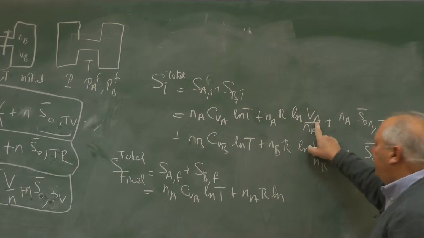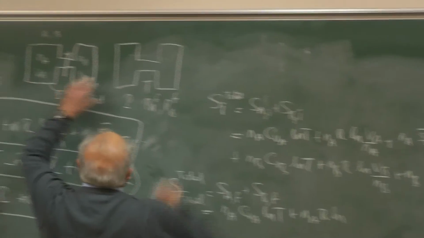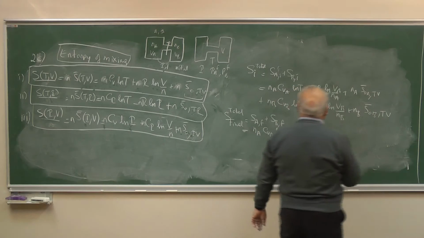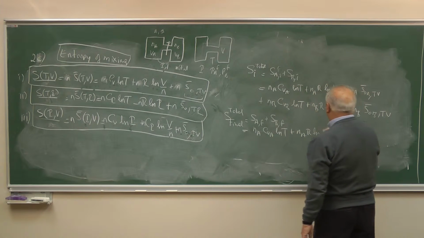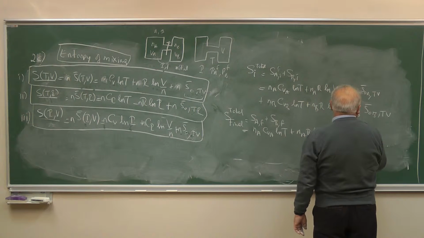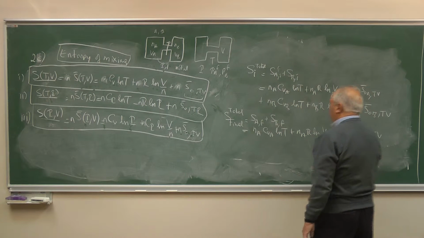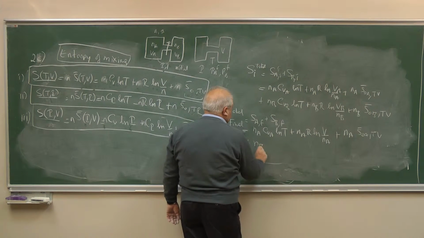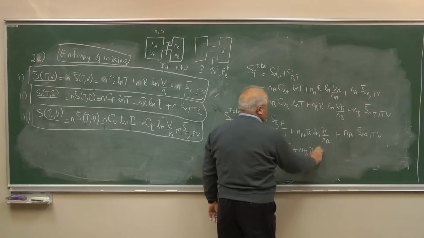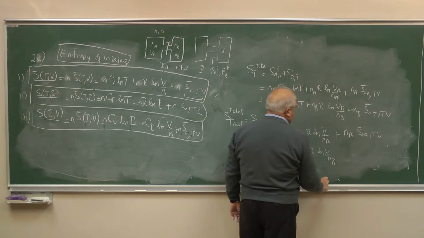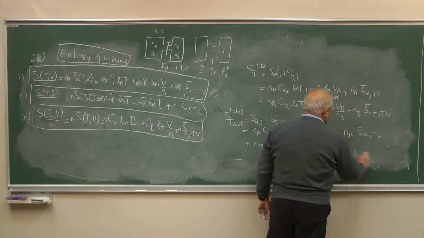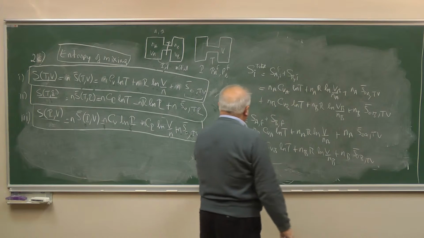VA is now full V, because from VA it has expanded to the full V, total V. And so it is not VA over NA, but V over NA plus NA S0A TV plus the same thing for B plus NB CVB log T plus NB R log V over NB plus NB S0B TV.